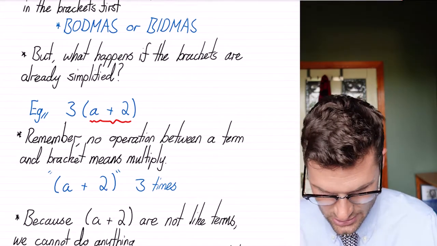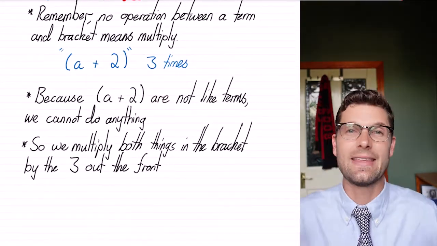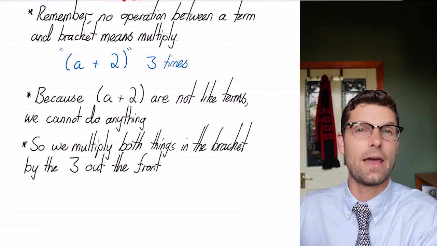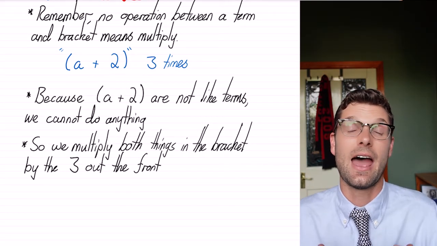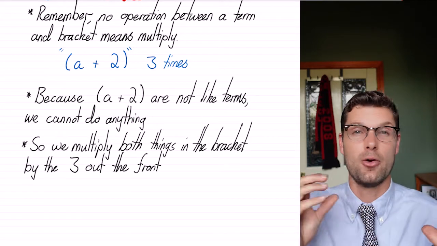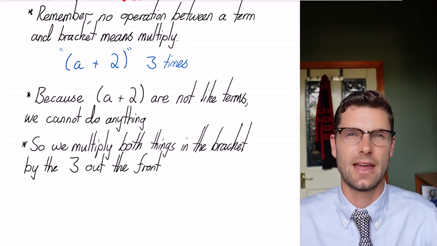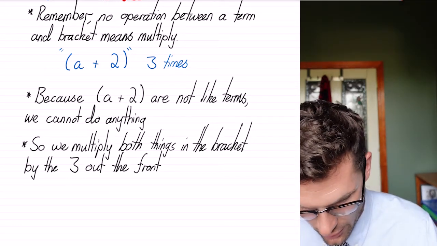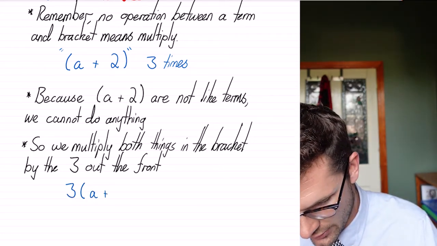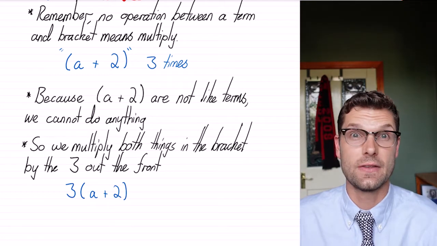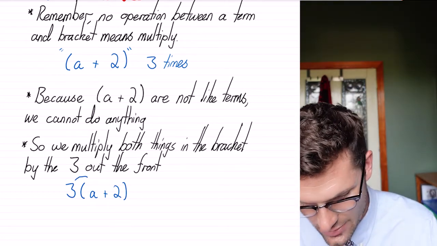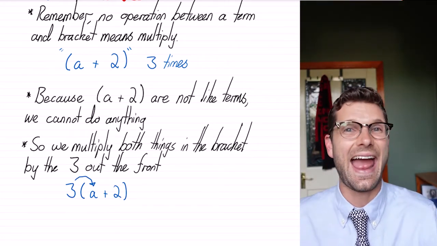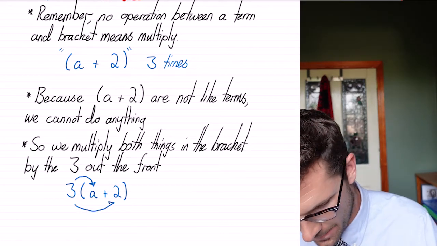What we need to do is multiply the inside by the thing on the outside. And when I mean the inside, I mean both terms, not just one of them. That's one of our big pro tips that we're going to look at the end. So here, if I've got 3(a + 2), we know that this means multiply. So the 3 has to multiply with the a and with the 2.